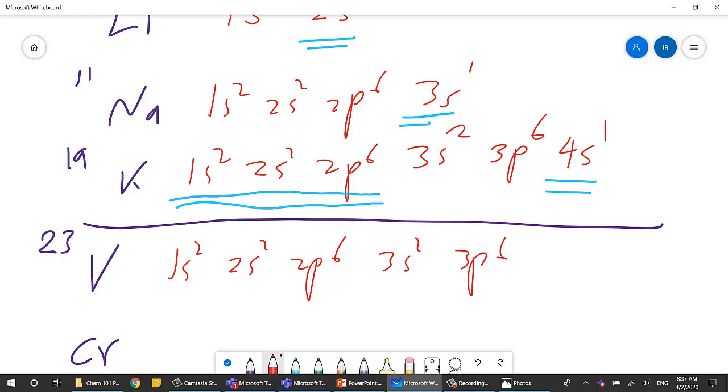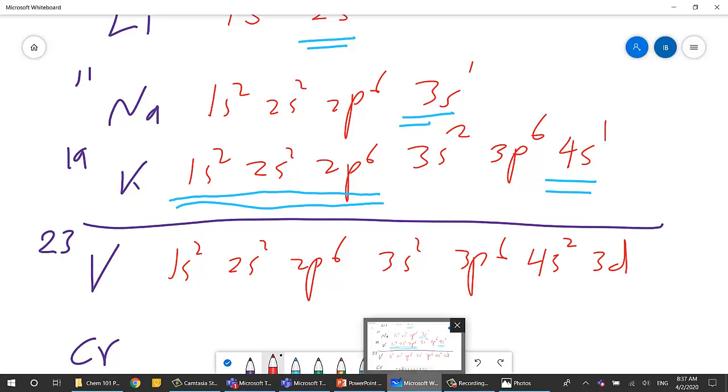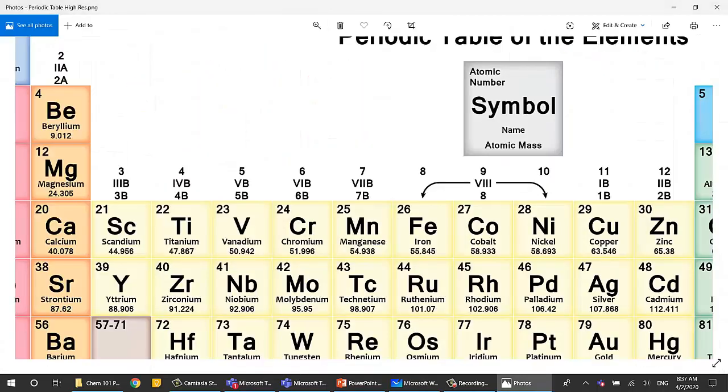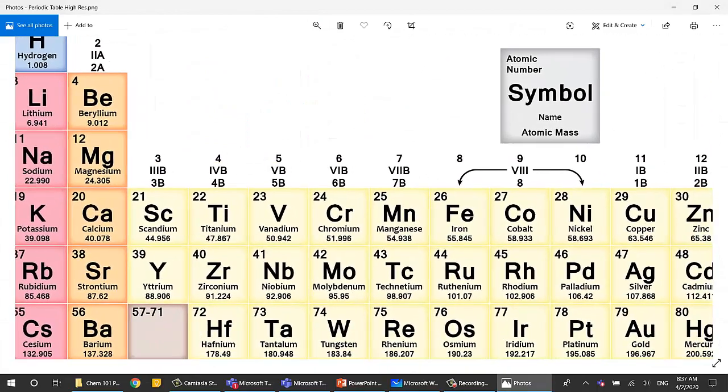That's your first set, which is 18. You need more. The second is 4s2, so this is 20. You need three more electrons, so this is 3d3. This makes sense because vanadium is the third element in the transition metals.